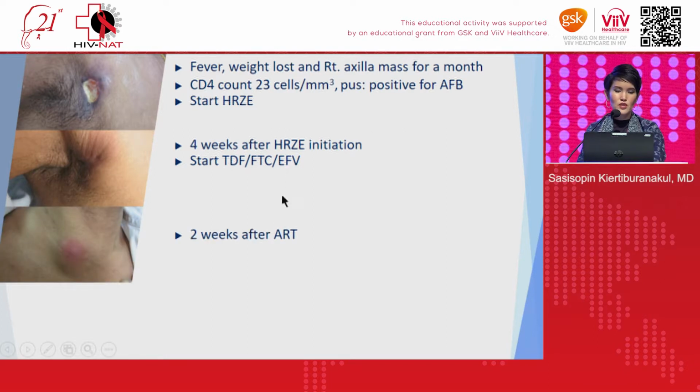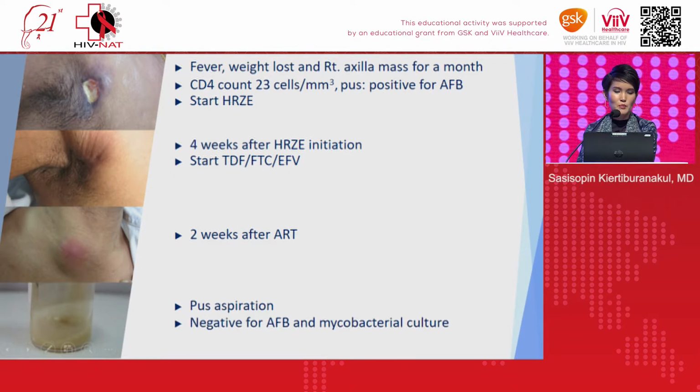But after 2 weeks, he developed another mass at the right neck, and we aspirated pus. We sent everything, and it was negative for acid-fast bacilli and negative for bacterial culture. So this case is another kind of paradoxical reaction, or IRIS.